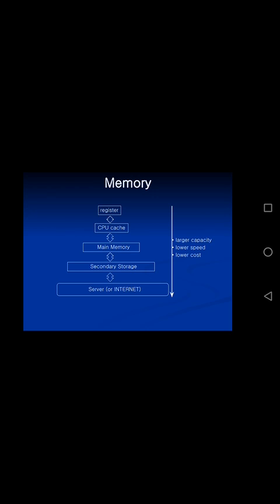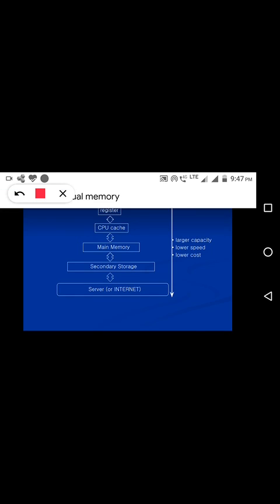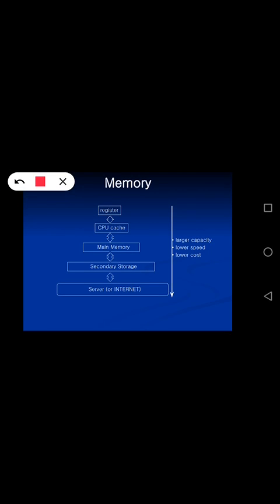Next is cache memory, or CPU cache. Remember, cache memory is another very fast memory, and its capacity is bigger than registers.